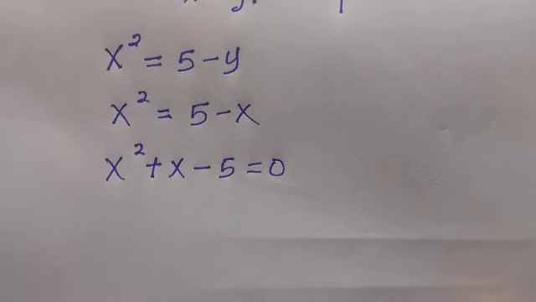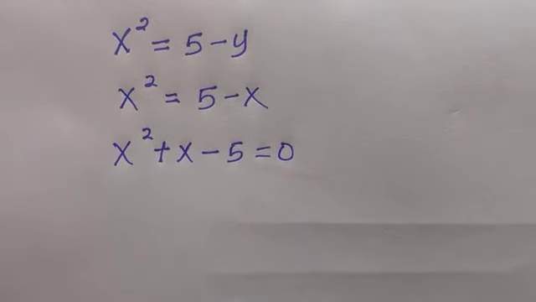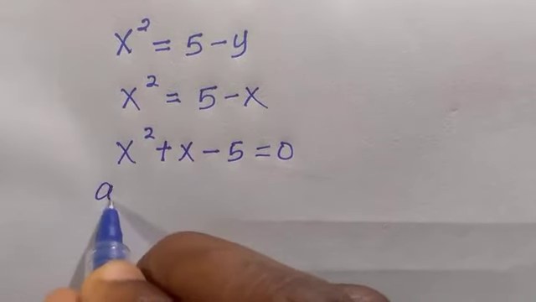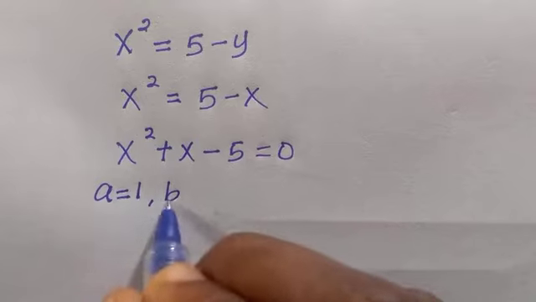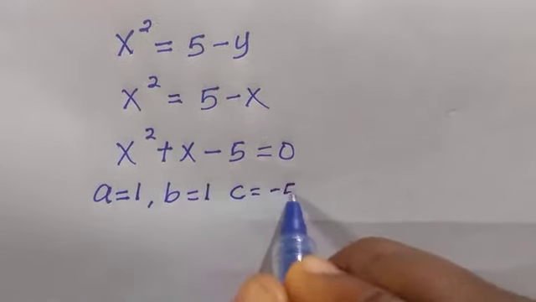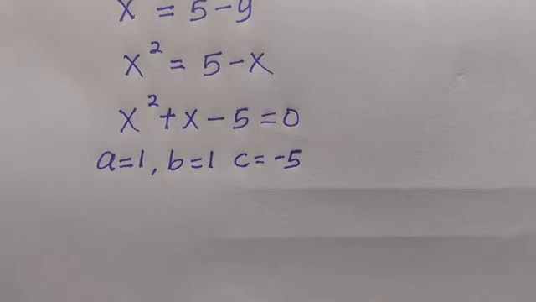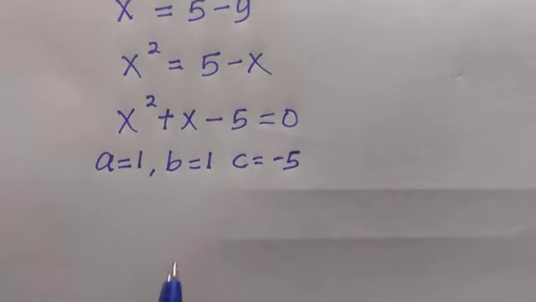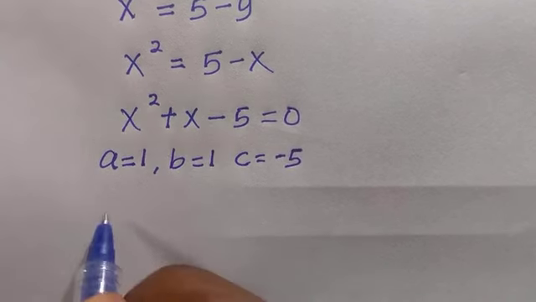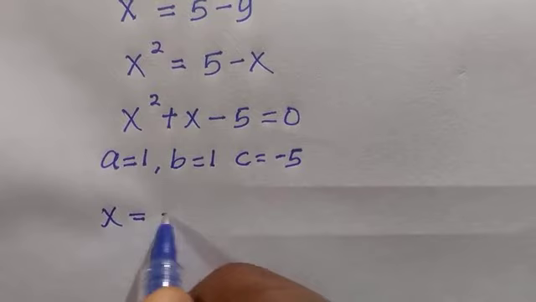So here is the quadratic equation, from which we can obtain the two values of x. We consider from this that the value of a is 1, b is also 1, and c is minus 5. So a is the coefficient of x squared, b is the coefficient of x, and c is the constant value. Then we are going to put this in the quadratic formula.